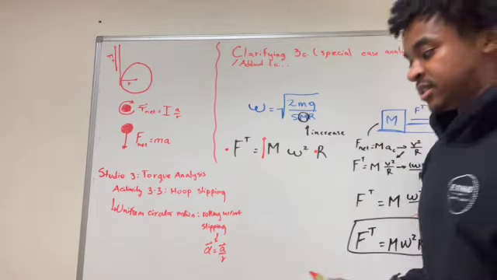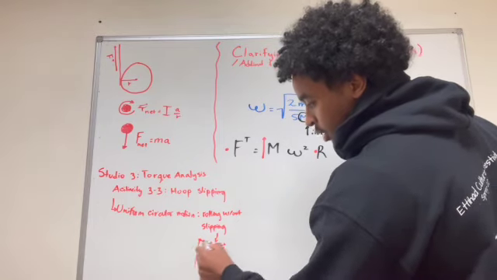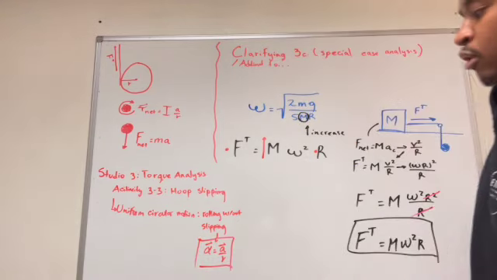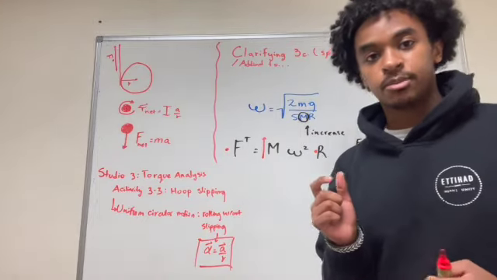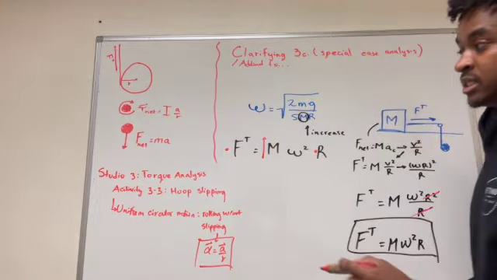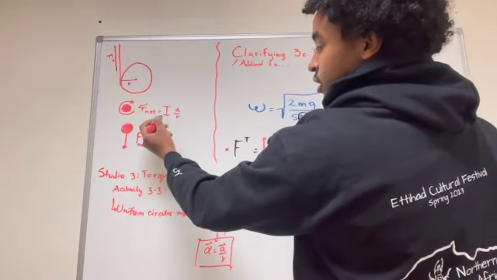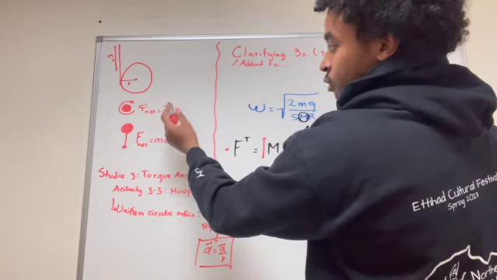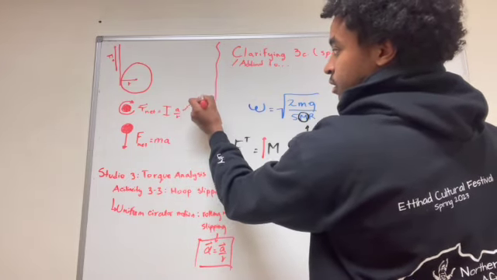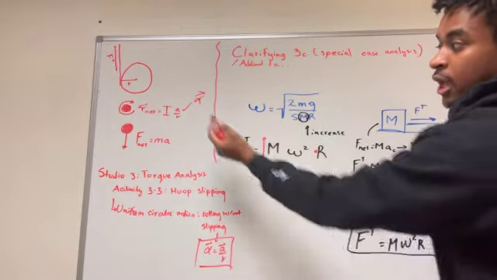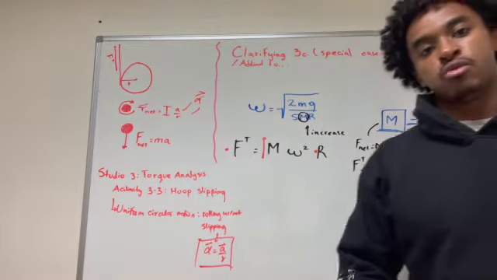And we weren't able to apply this formula right here of alpha equals a over R because it was not uniform circular motion and the hoop was slipping. But for this specific problem, we were able to make that connection where we used the force of tension times the radius equaling the moment of inertia times alpha, which is the same as a over R. We were able to make this switch because we know it's uniform circular motion.